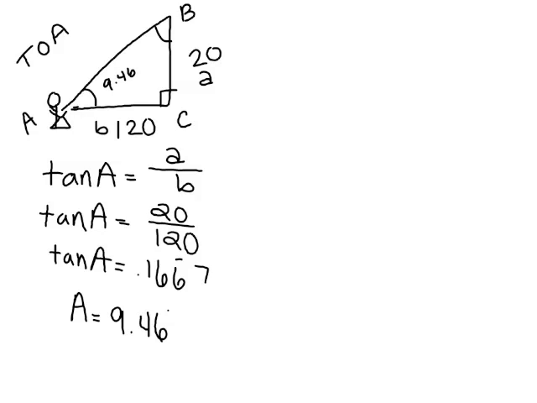Okay, so angle B is 80.54 degrees. What do I not know yet? The distance from her camera to the top of the building. So let's find our hypotenuse length here. Everybody pick a way to do it, and then we'll compare.